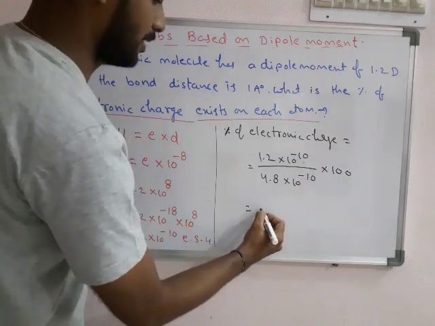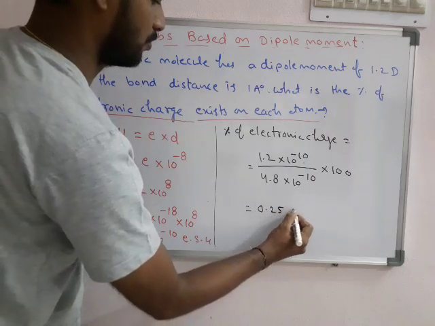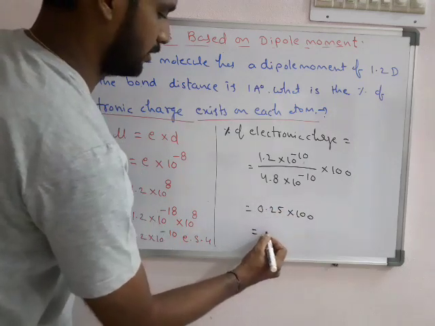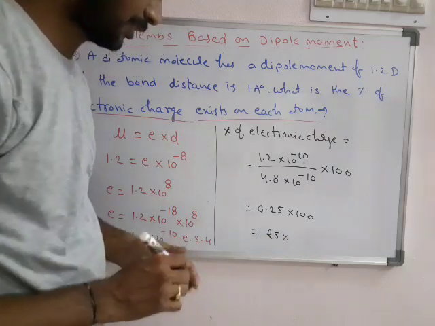It just cancels and becomes 1 by 4, 0.25, into 100. That becomes 25%.